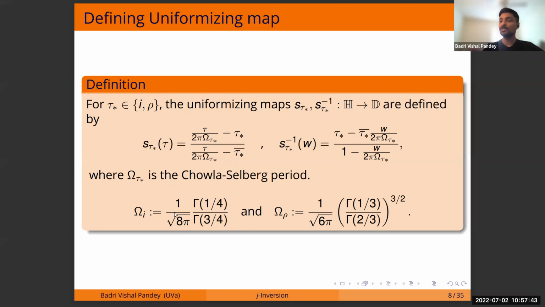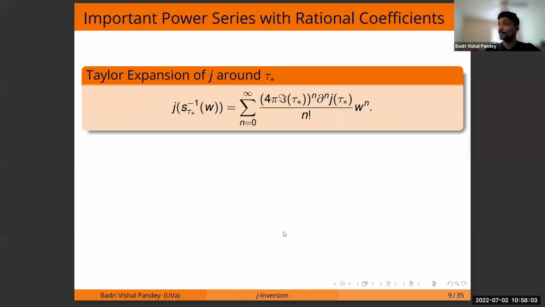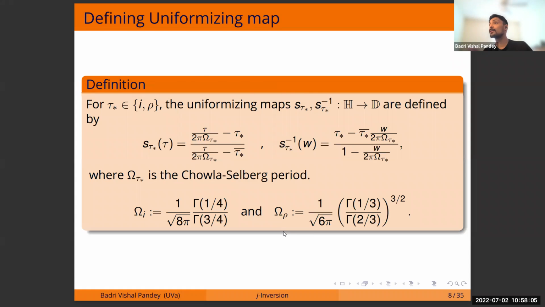You take any modular form, and when you evaluate at I, you get something like this. And similarly for rho. But for the time being, just assume them to be some ratios of gamma functions evaluated at certain points. I don't want to go into much detail, but there's a whole beautiful theory behind that.